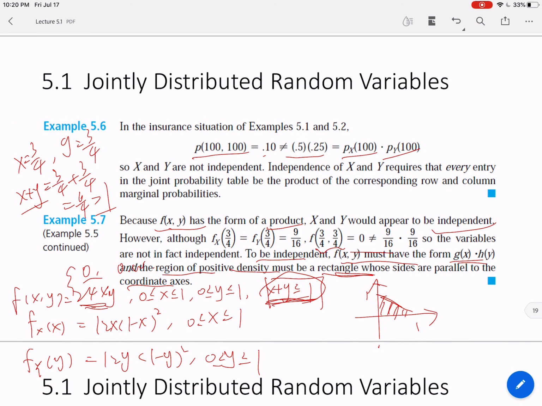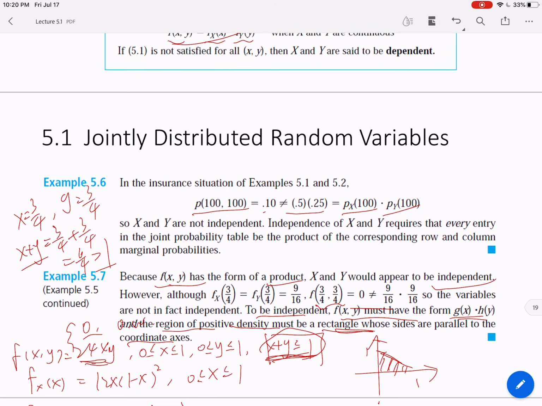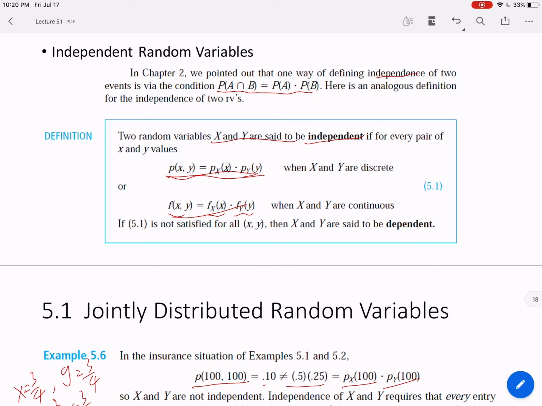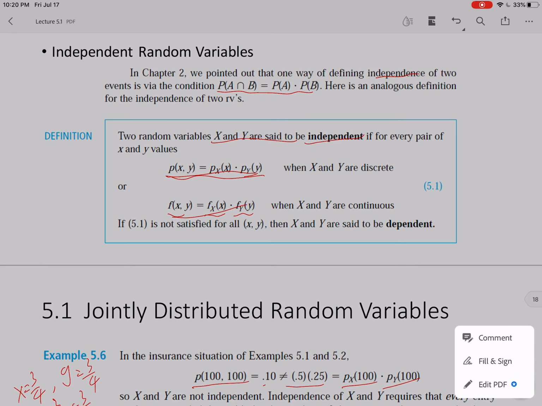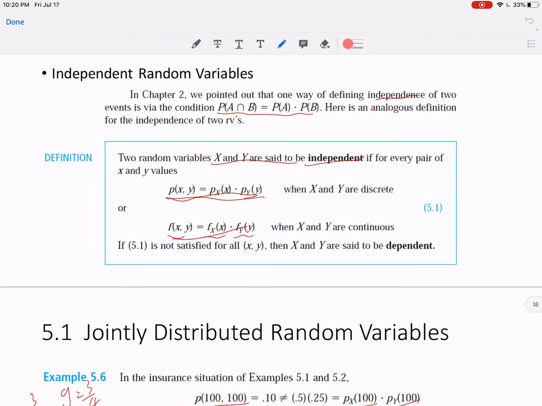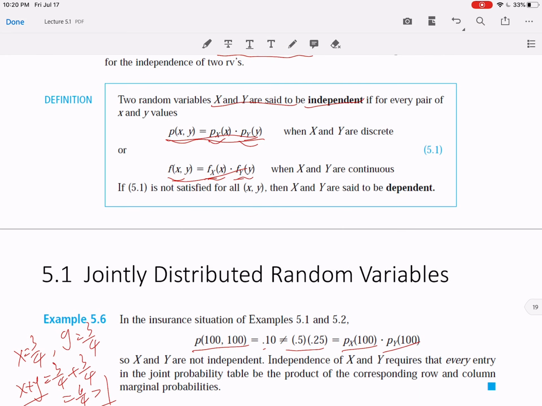All right. So basically, the key point here is that if we know two variables are independent, then the joint PDF or the joint PMF is going to be equal to the product of the marginal PMFs or the product of marginal PDFs. Of course, we can say it backwards.